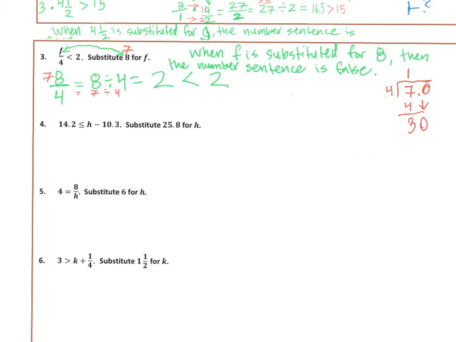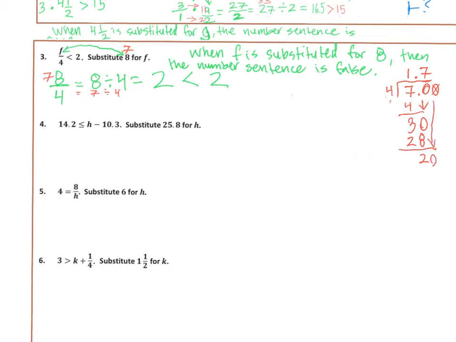4 goes into 30 how many times? Well, 4 really closely goes into 30 7 times, which would be 28. Make sure to put your decimal here because, again, it's not wholes anymore. And then 30 take away 28 is going to equal 2. We're going to show that we have another 0 in the hundredths place, and we're going to drop that 0 down.